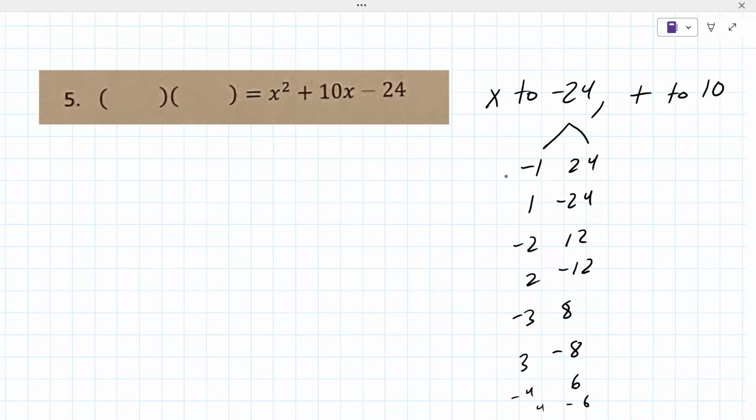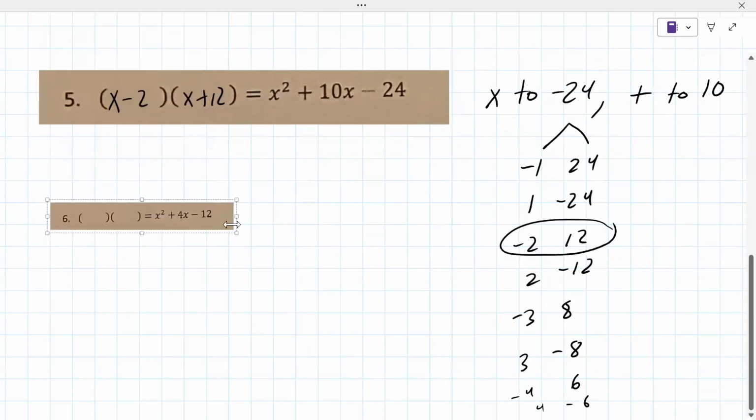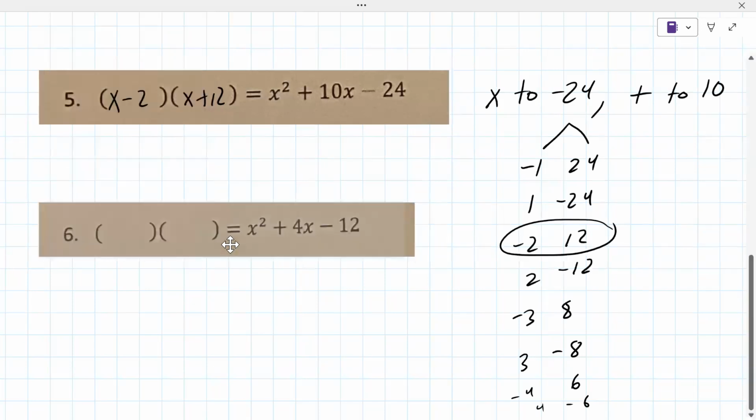So then that would be -2 plus 12. So x minus 2, x plus 12. Yes. Now, you don't have to make this list. That is not required. It may not even be partial credit. What is required is that you come up with the right numbers. And you recommend writing out the whole list?